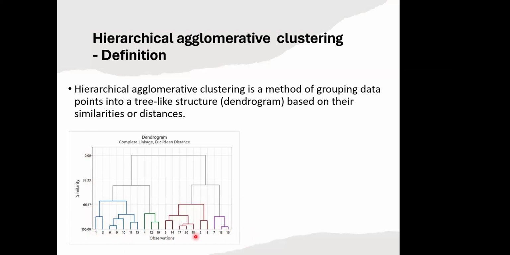It will be easier to understand with an example, but the key point is that those under the bridge are the same cluster, and the distance over here is the sum of the distances inside the cluster.